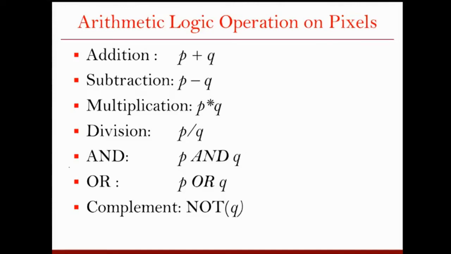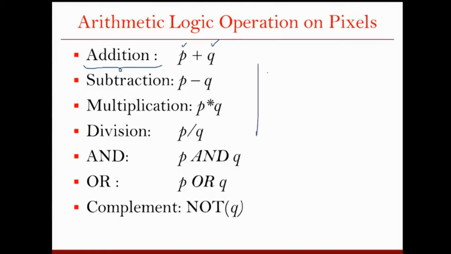In all these examples that you see here, when we are operating at a particular pixel, we are only using the intensity of that pixel. So, for example, when we are doing addition of, let's say, two images, we take one pixel from one image and the corresponding pixel from the other image, and we just add their intensities and get a new intensity.